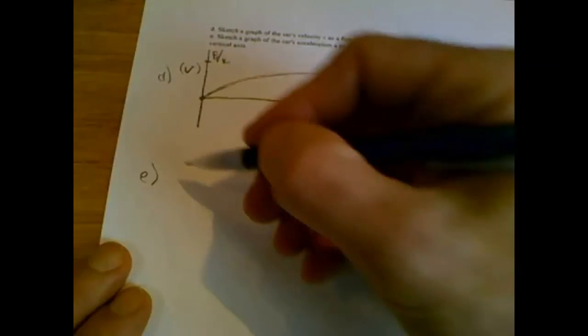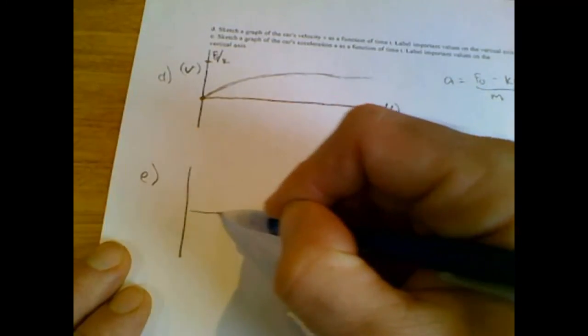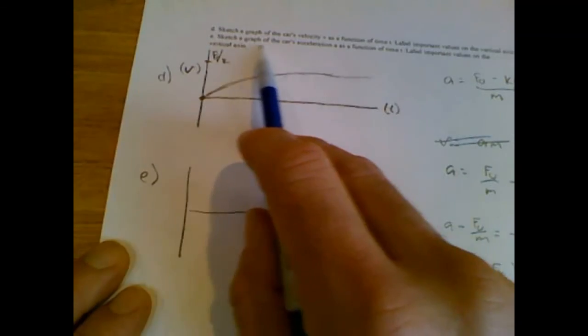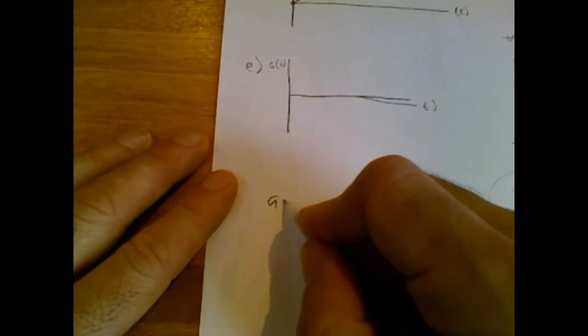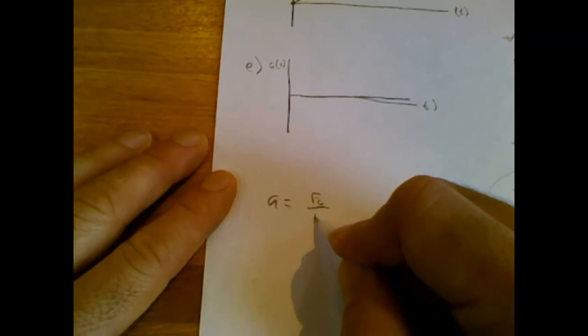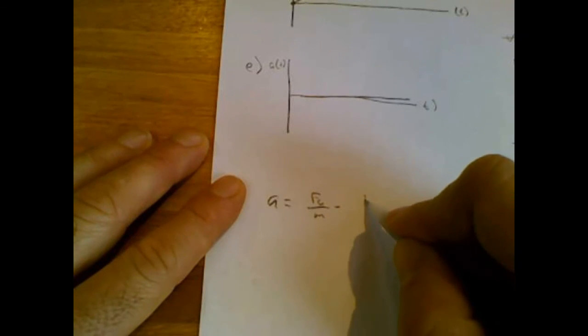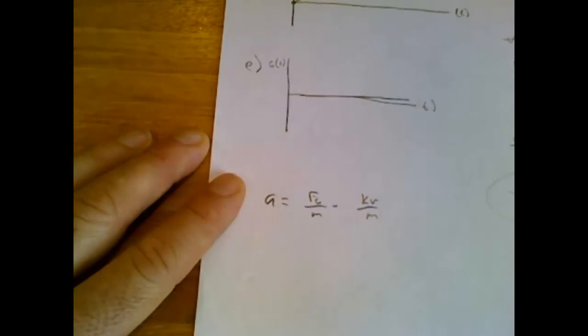For part E, which is the part where I just got thrown off and started answering by mistake, sketch a graph of the car's acceleration as a function of time. That should be a little bit straighter. Now, my max acceleration, I can go right to this equation. If I just say a is equal to F naught over m minus kv over m.